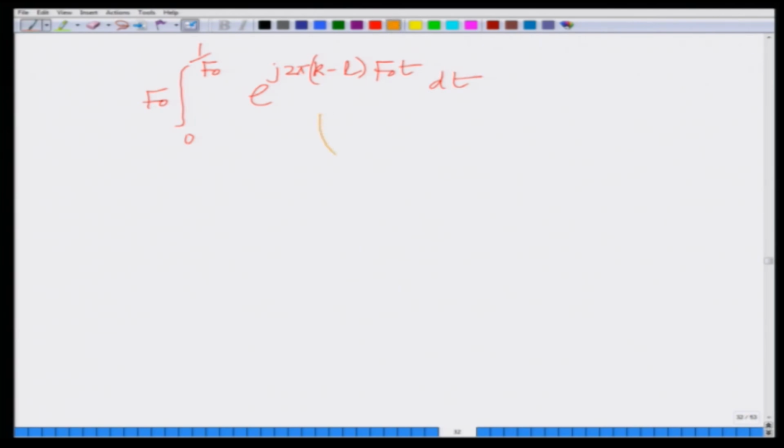This is a sinusoid with fundamental period 1 over f naught, and the integral over 1 over f naught, from a basic knowledge of Fourier series, you know that this is equal to 1 if k is equal to L, and equal to 0 if k is not equal to L. So, what are you doing? You are taking a sinusoid with a fundamental period 1 over f naught, and you are integrating it over 1 over f naught, that is, you are integrating it over a period.